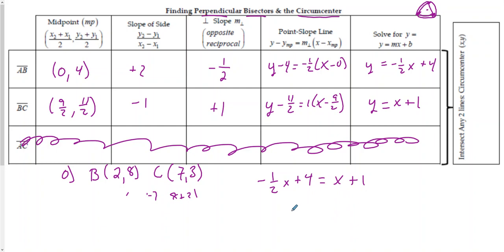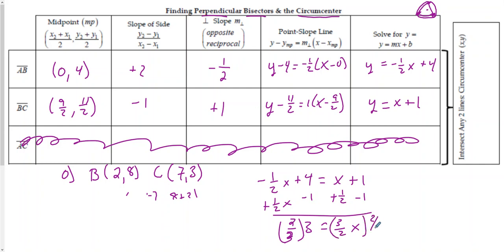We want to get our x's to one side and our numbers to the other. So if we add 1/2 x to both and subtract 1 from both, I end up with 3 equal to 3 over 2 x. So we'll multiply each side by 2/3, and we end up with 2 equal to x.